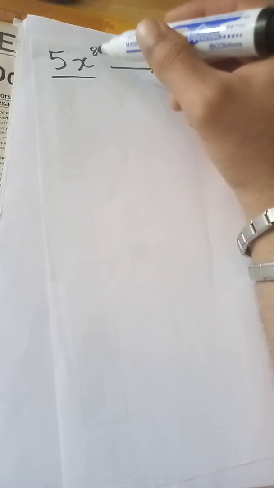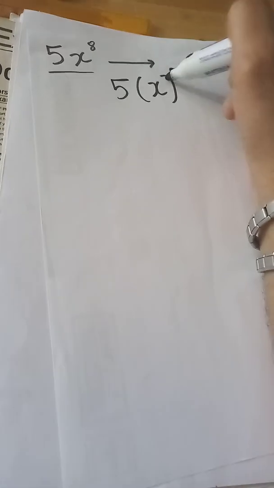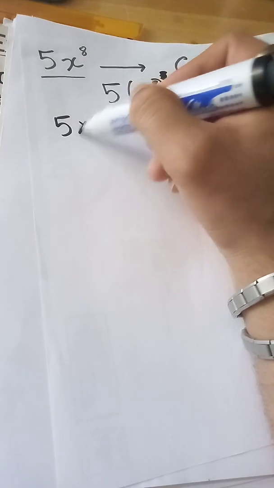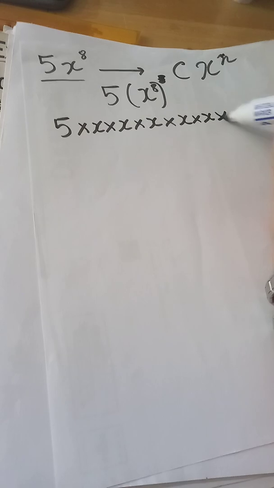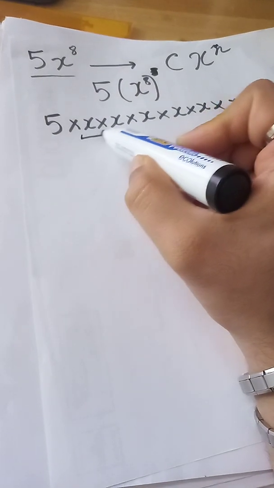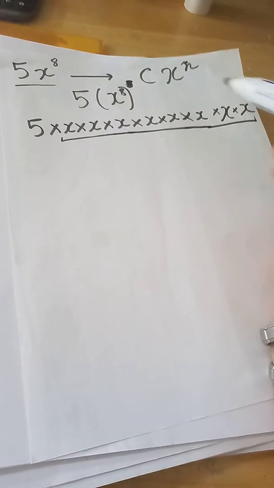So if we've got 5x to the power 8, that's 5 times x to the power 8. In actuality, it's 5 times x times x times x times x times x times x times x.